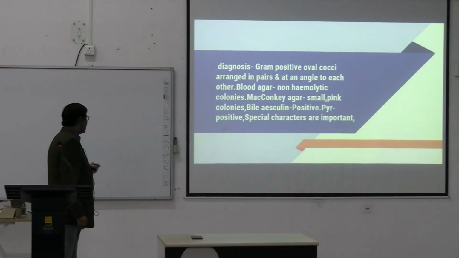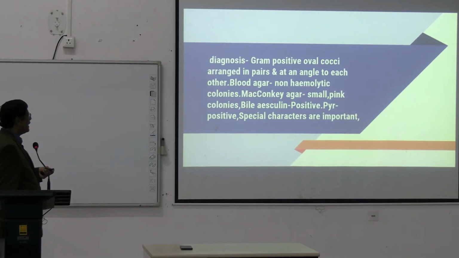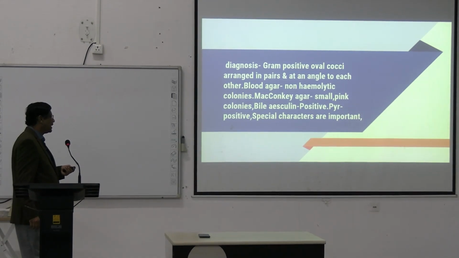Gram-positive oval cocci at an angle to each other, blood agar non-hemolytic colonies, MacConkey agar small pink colonies. Bile esculin media is positive and PYR reaction positive. Special characters are important.